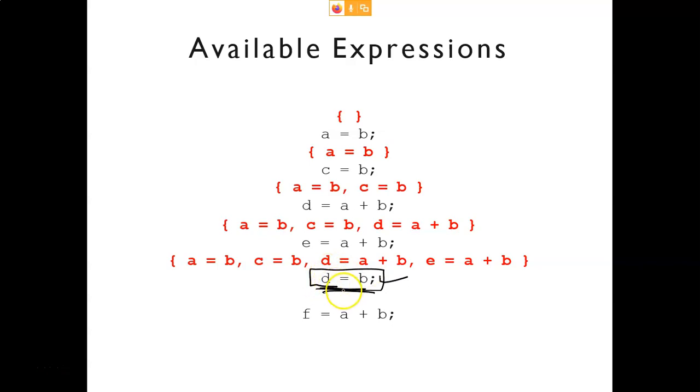So now this expression will become unavailable, because the value of d you have already reassigned. Anyway, this expression is not going to be used again. From now onwards, only this expression will be used. This is the only important point here.